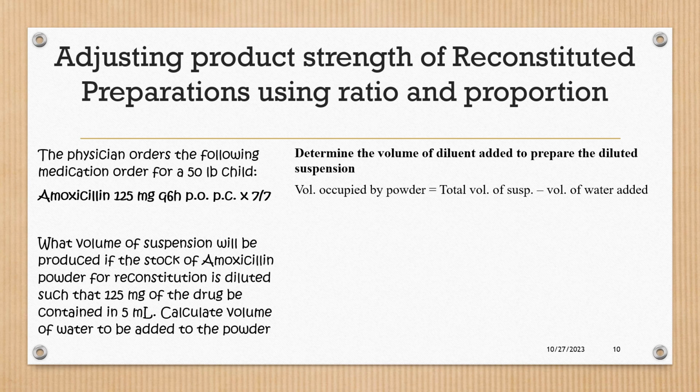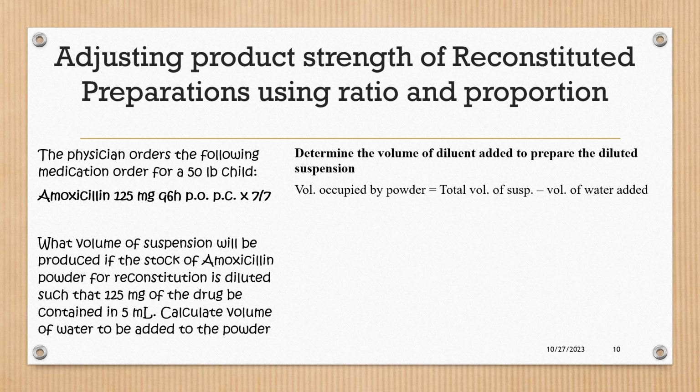So in order to correctly determine how much water is needed in the bottle to ensure that you have that exact concentration of 125 milligram per 5 mil, we need to know what the volume of the powder is. And then we're going to be taking the difference between that volume of water and the total volume of the suspension.